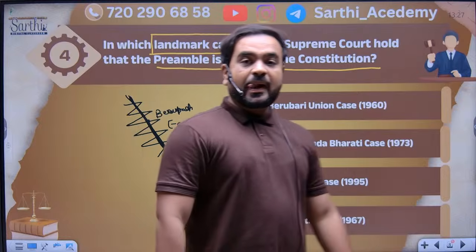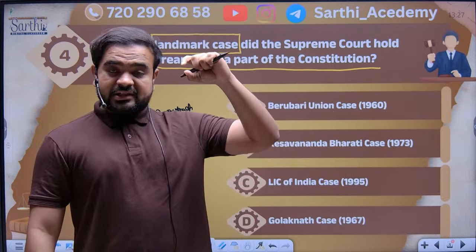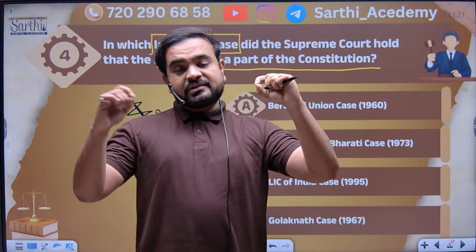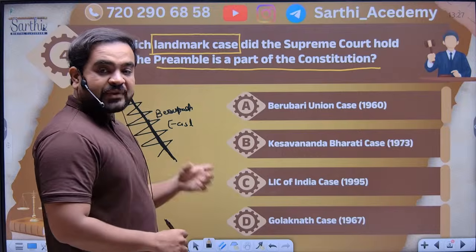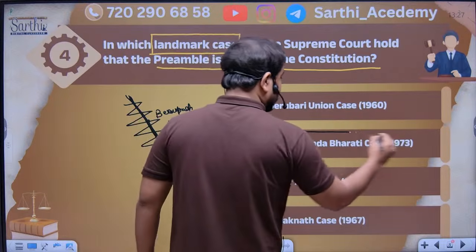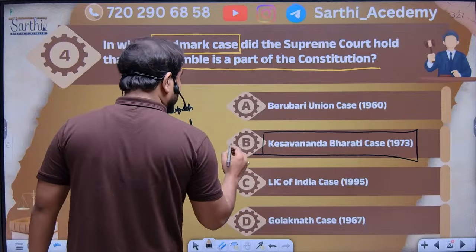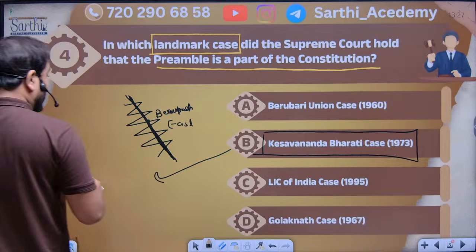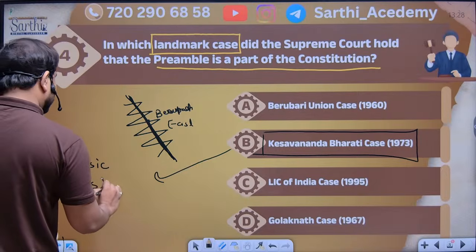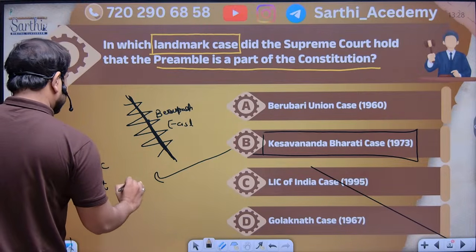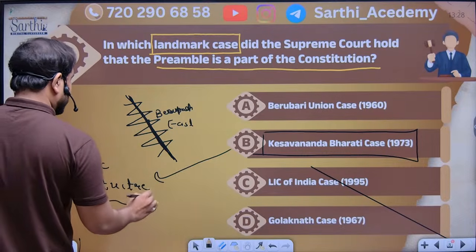That case was a question of sovereignty versus some parts of the constitution, which we have discussed in that particular case. But right now the answer is the Keshavananda Bharati case. In the Keshavananda Bharati case, one doctrine was given, and that doctrine was the basic structure of the constitution.